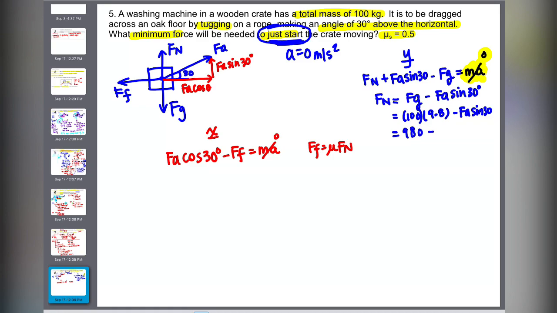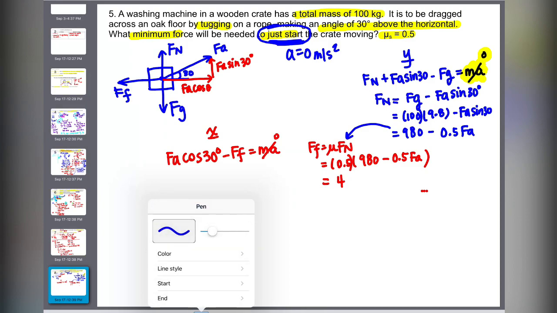This is 980 minus, sine 30 is 0.5, so I'm just going to clean this up and say this is 0.5 FA. And I'm going to sub this into FN. So FF equals mu, which is 0.5, times FN, which is 980 minus 0.5 FA.